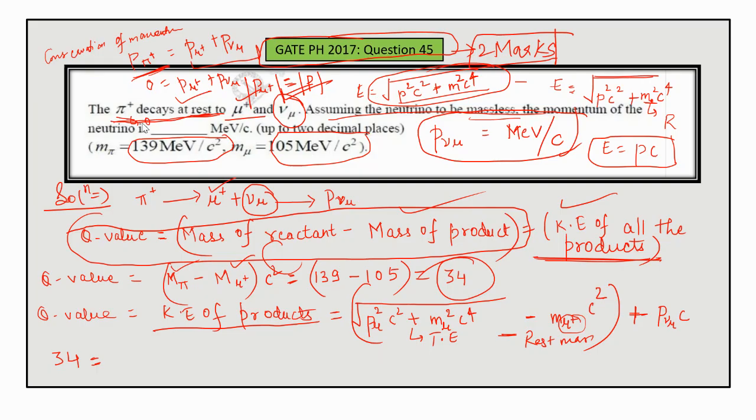This is a vector addition kind of thing. The pion positive decays at rest, so the linear momentum of the mu positive is equal and opposite to the linear momentum of its neutrino. The magnitude will be the same, but the direction opposite, to conserve the momentum, because on the left hand side the pion is at rest.